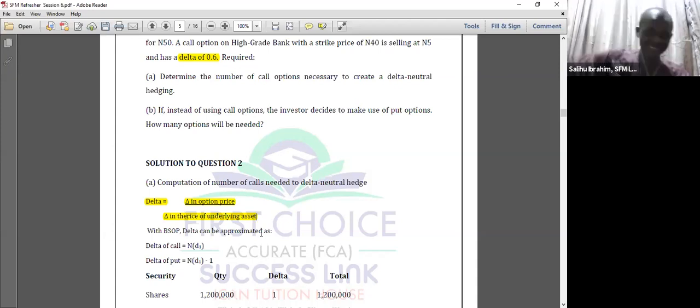As the price of that asset changes, so also the price of your option will change. The relationship between the magnitude of the change in option price with respect to the change in the price of the underlying asset is what we call delta.